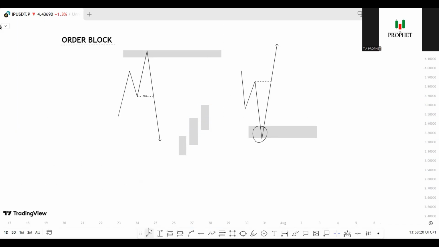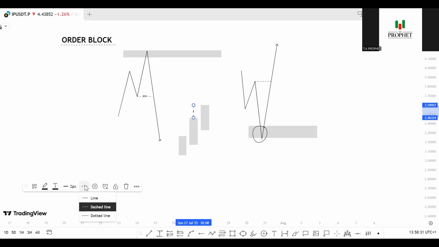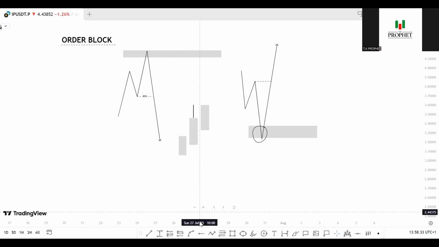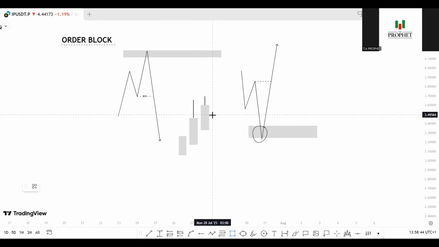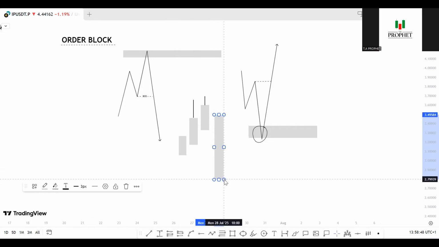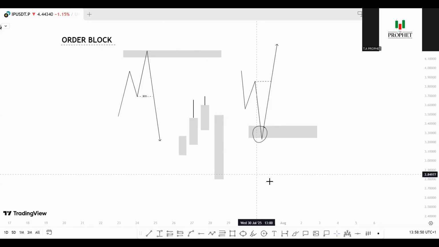Now this is the wick. Let's assume these are the wicks. Then this is the wick. I will have something like this, and then an impulsive movement to the downside, like this.